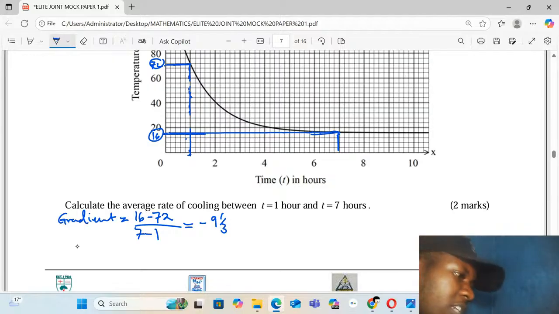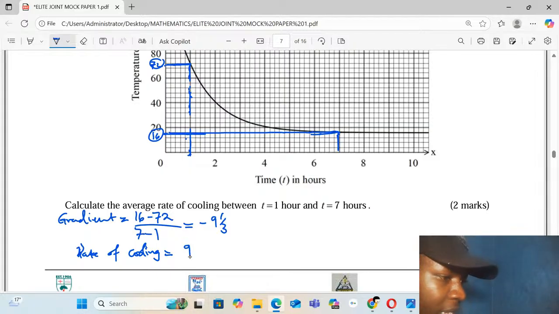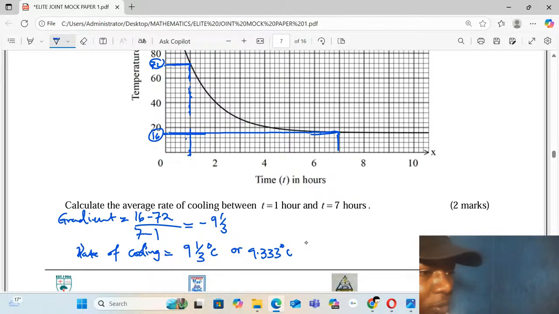So the rate of cooling will be equal to 9 and a third degrees Celsius, or simply 9.33 degrees Celsius per hour.